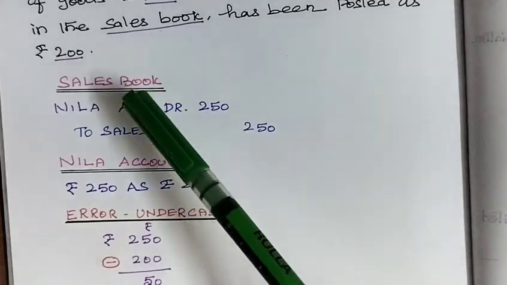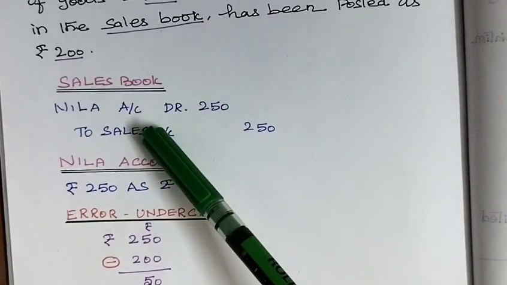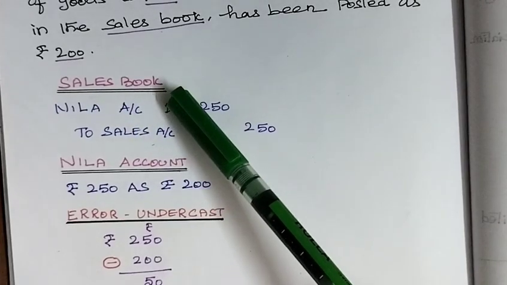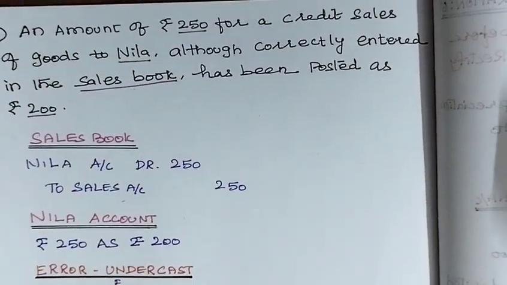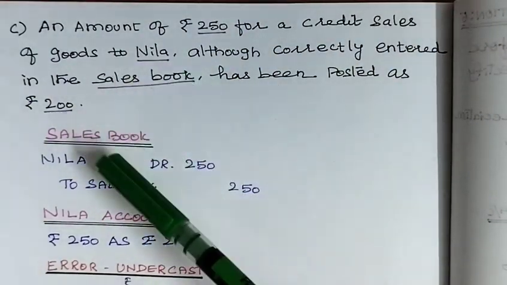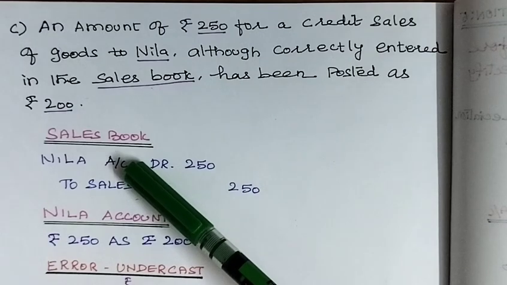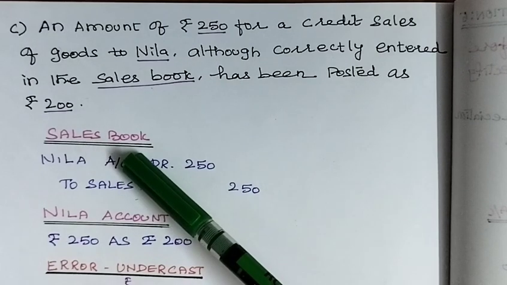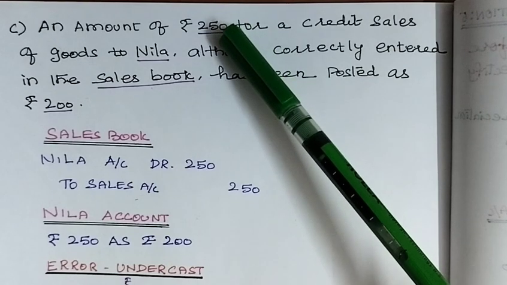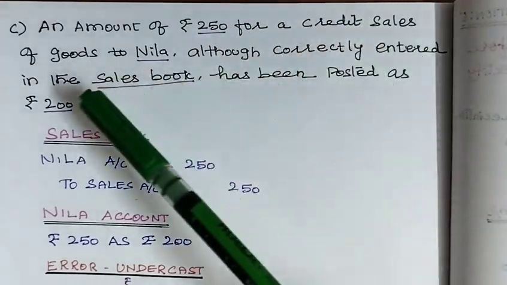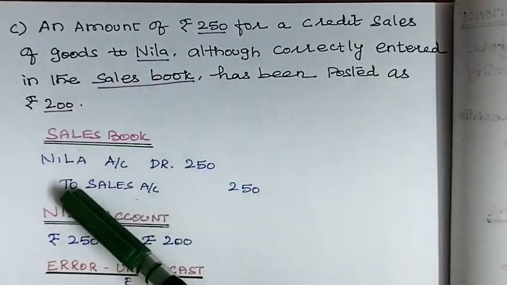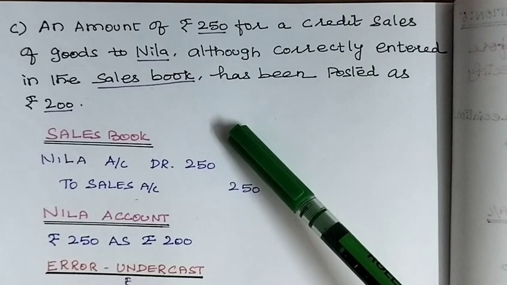This is the credit sale. We entered it correctly in the sales book. What is the error? Where is the error? Although correctly entered in the sales book, you made the credit sale to Nila and entered it in the sales book correctly. Nila account debit 250 to sales account. This is the correct entry.